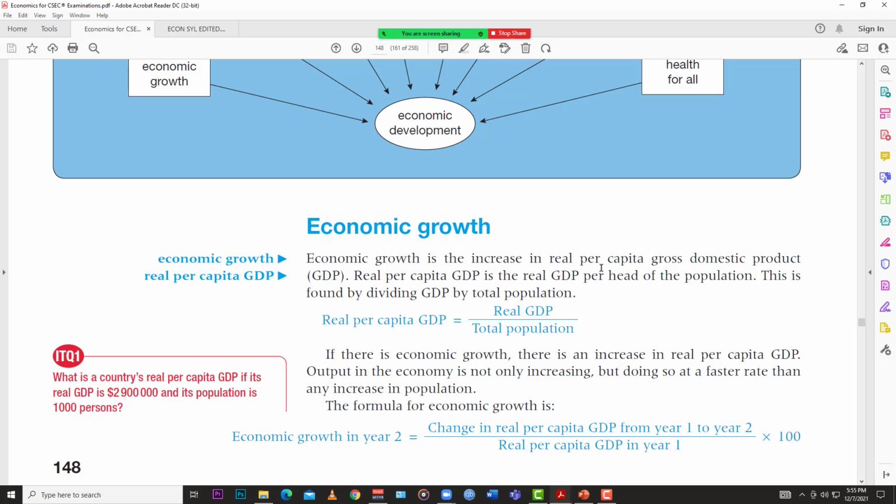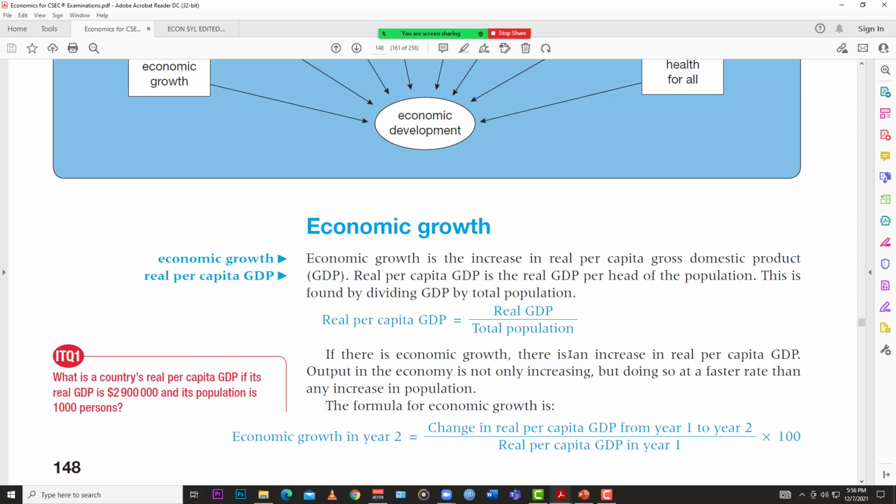If there's economic growth, there is an increase in real per capita income, real per capita GDP. Output in the country is not only increasing, but doing so at a faster rate than any increase in population. So the formula for economic growth is the change in real per capita GDP from year 1 to year 2 over real per capita GDP in year 1, times 100.